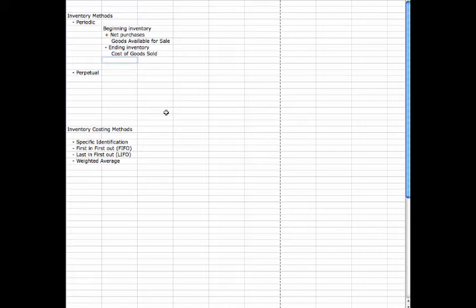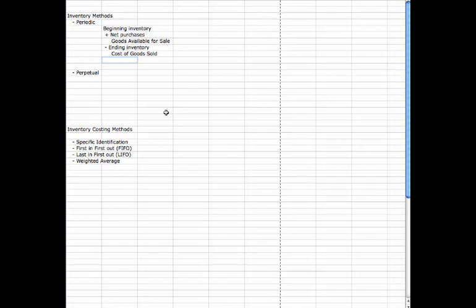Now, if the item is a repetitive item and it's something that they sell a lot of, they probably don't want to use specific identification. Instead, what they probably want to do is use one of the 3 other methods. The first one is called first in, first out. The whole idea of first in, first out is that the first item that you purchase is the first item you sell.